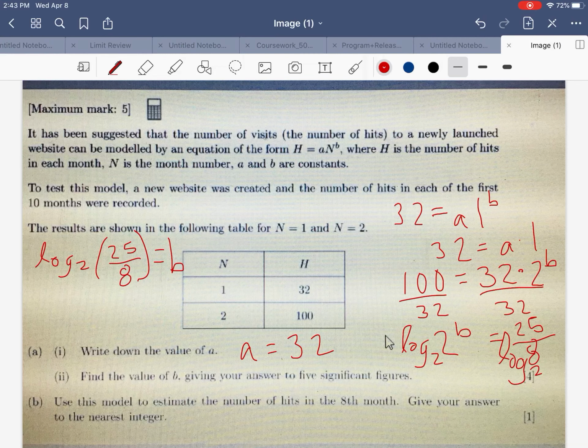So we're going to have log base 10 of 25 over 8 divided by log base 10 of 2. And so now you can put it in your Google calculator when you put it in that form. That's a change of base in case you forgot.